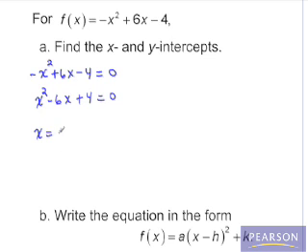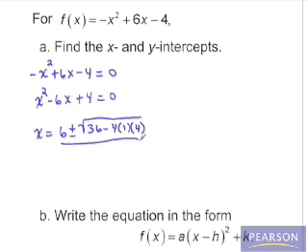Using the formula, we have x equals negative b. B is negative 6, so negative b would be negative negative 6, or positive 6, plus or minus the square root of b squared. Negative 6 squared is positive 36, minus 4 times a is 1, times c is 4, and that's all over 2 times a. 2 times 1 is 2.